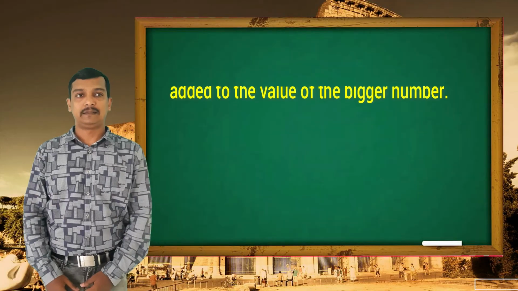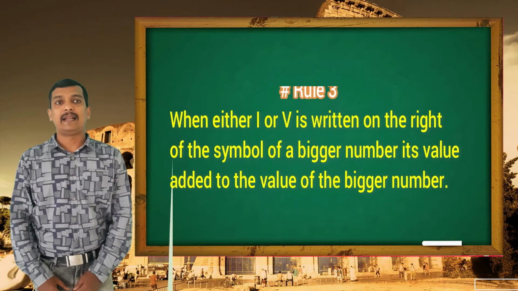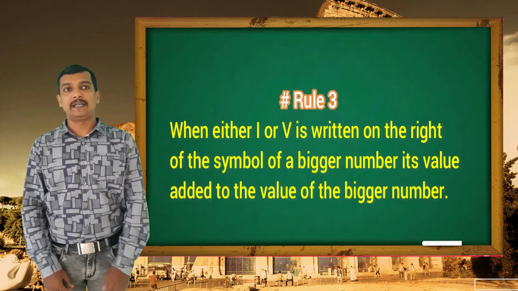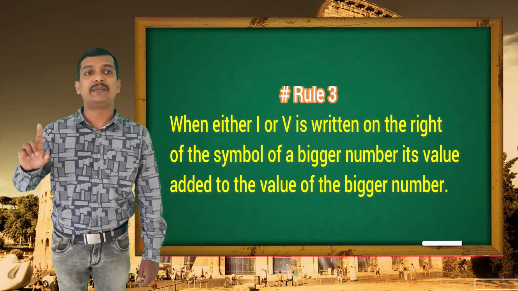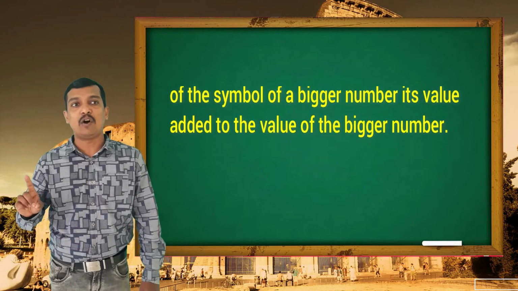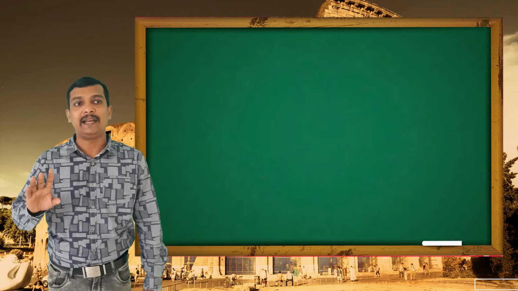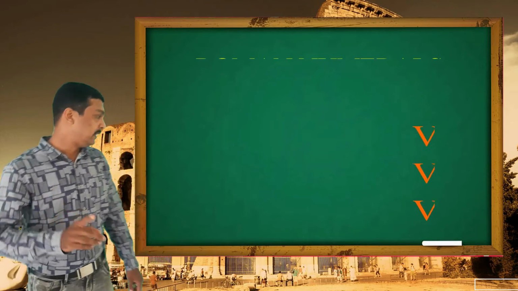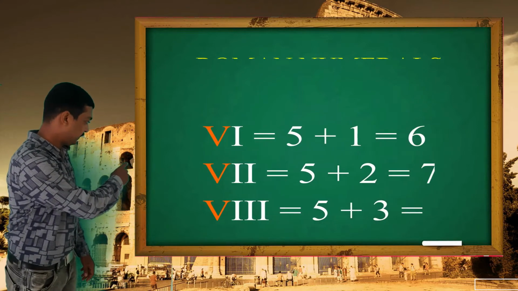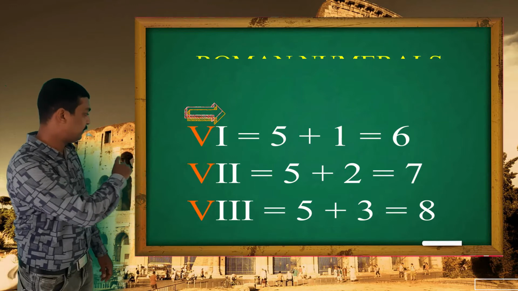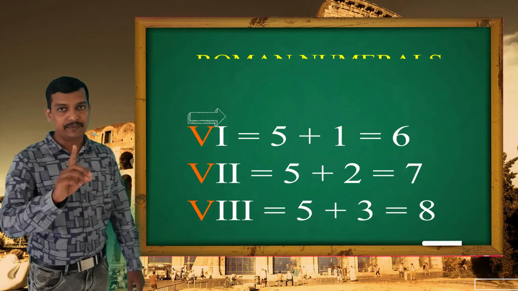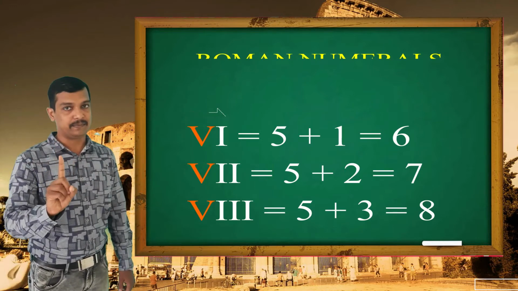Rule number 3. When either I or V is written on the right of the symbol of a bigger number, its value is added to the value of the bigger number. Let me explain it. If we write V, then we write I to its right, it becomes VI. V means 5, I means 1.